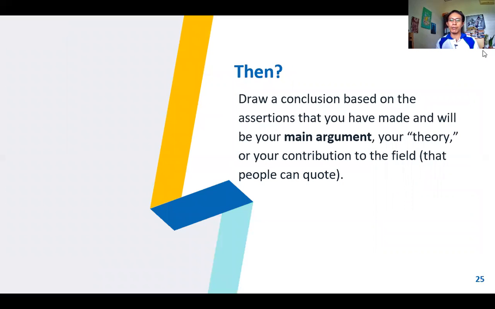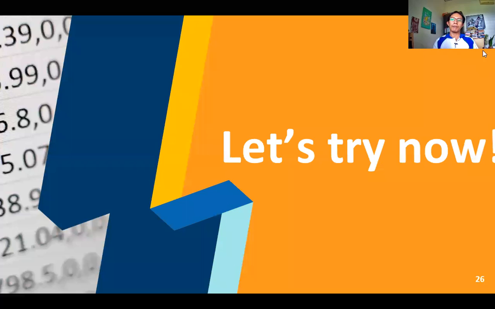Okay, this is basically what I just mentioned to you earlier. So you draw conclusions based on these assertions, and at the end, this will be your contribution to understanding the work better, or understanding how the work talks about one topic or another.